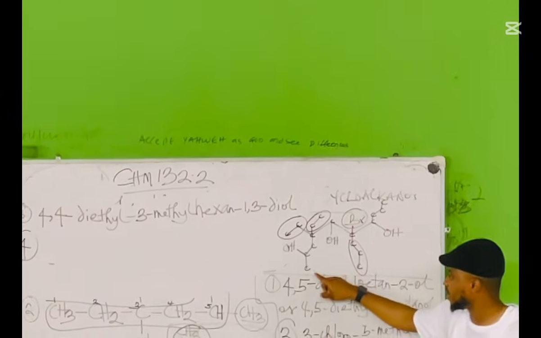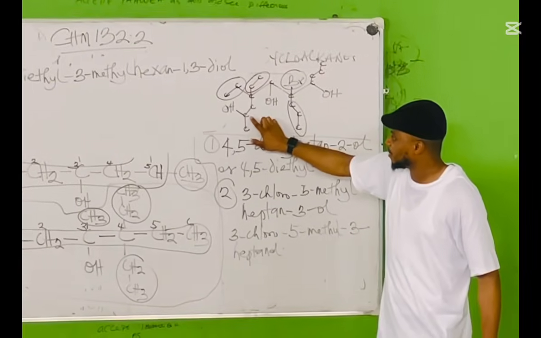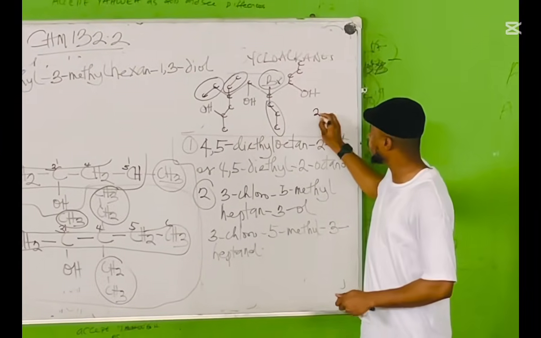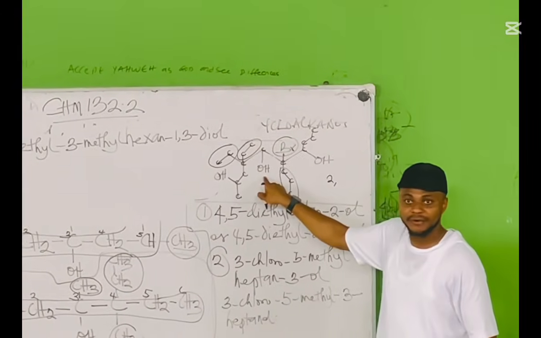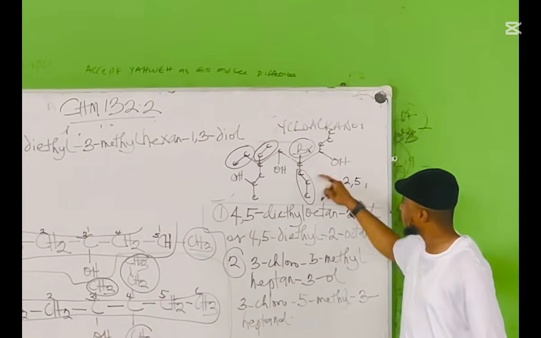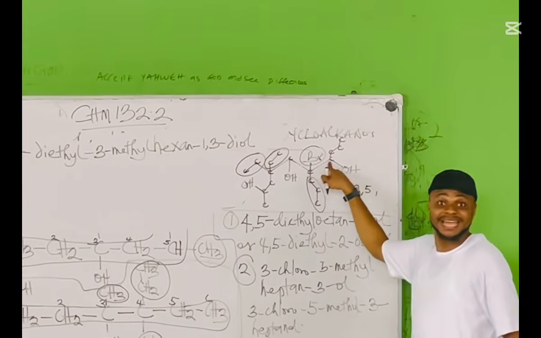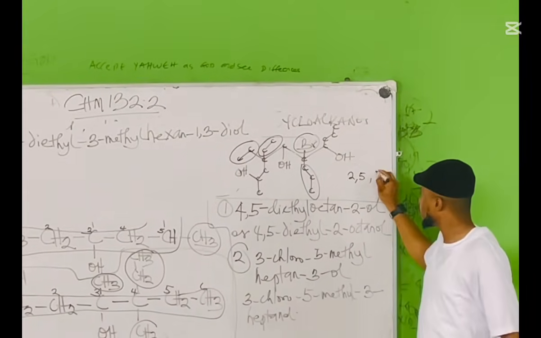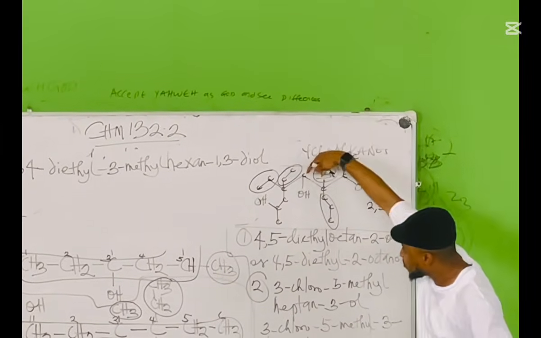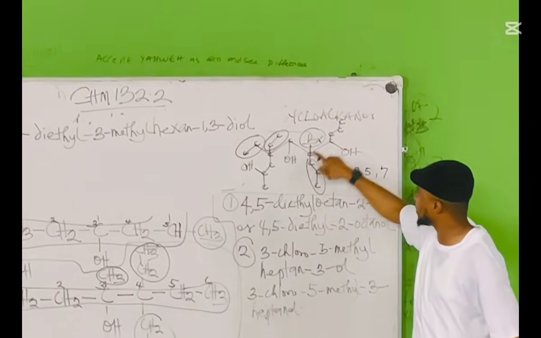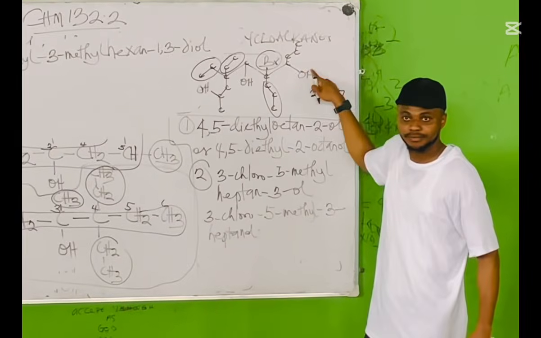Now let us check from the other end. 1, 2, 3, 4, 5. Carbon 5, 6, 7. Carbon 7. So 2, 5, and 7. Let me do it again.